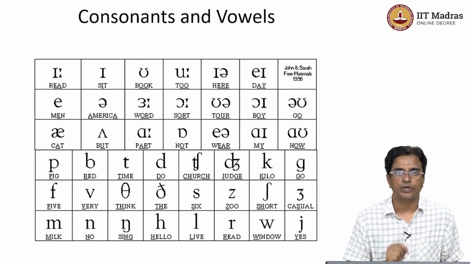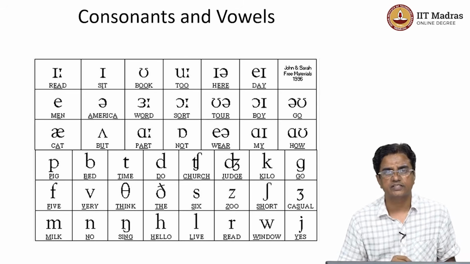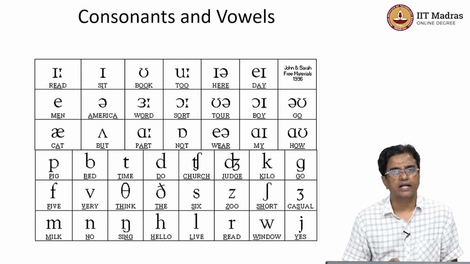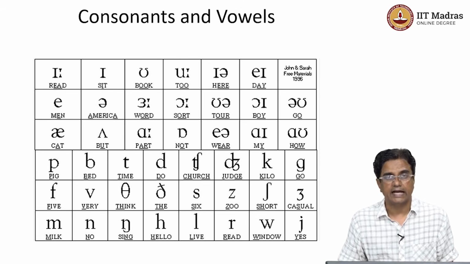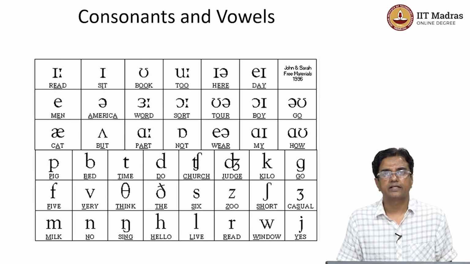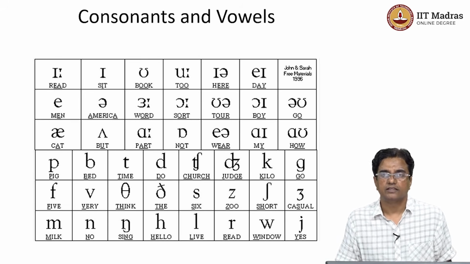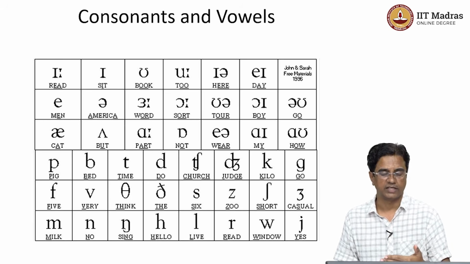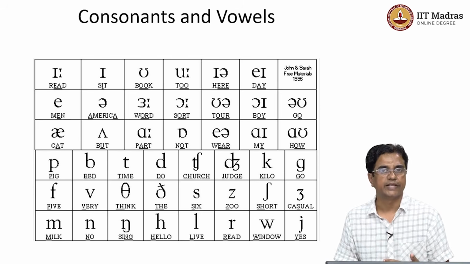You may have a question in your mind: these are consonant sounds, so why are they called semi-vowels? The reason is very simple. They are consonant sounds, but they function more like vowels. Therefore, they are called semi-vowels. I'll explain what I mean when I say they function like vowels.